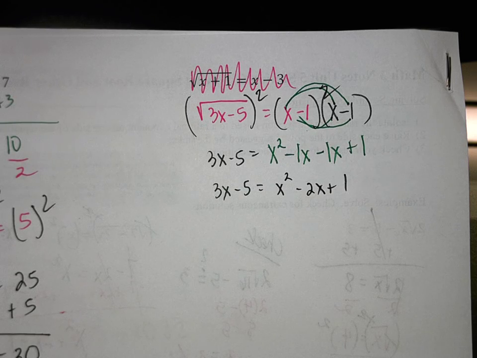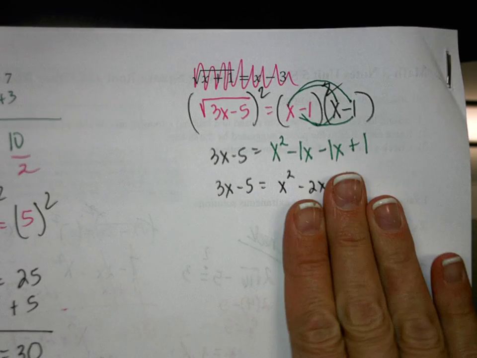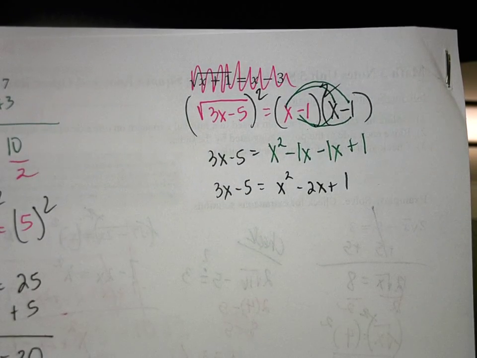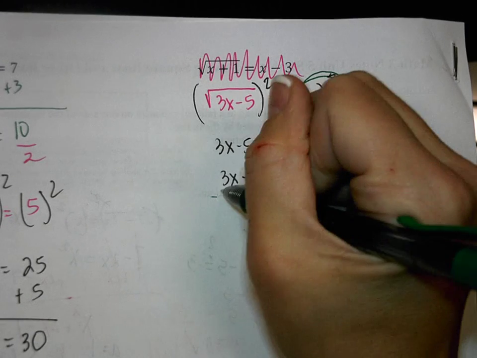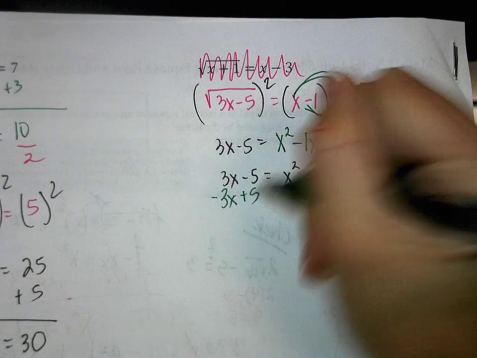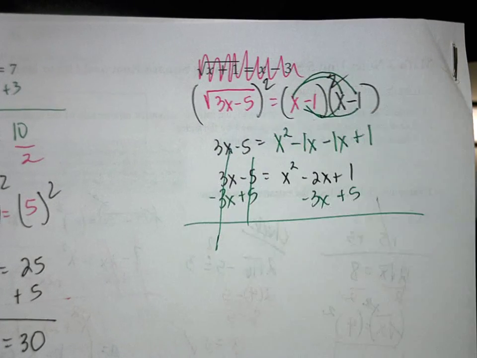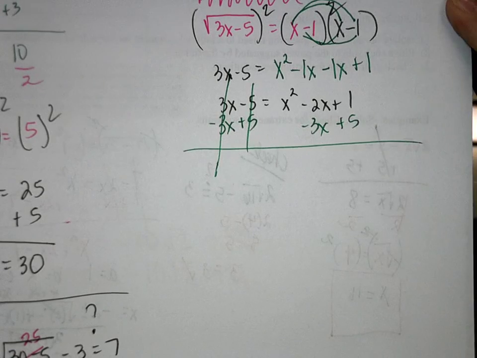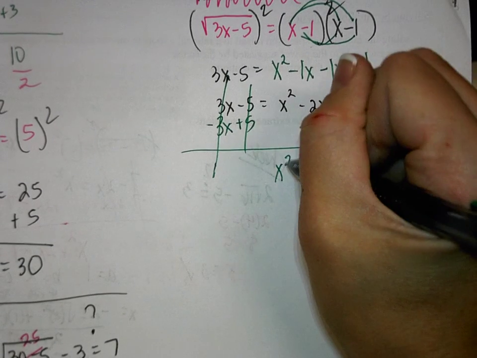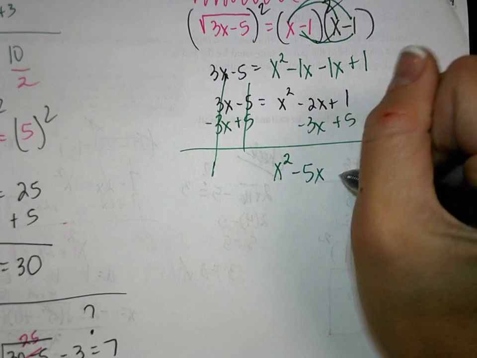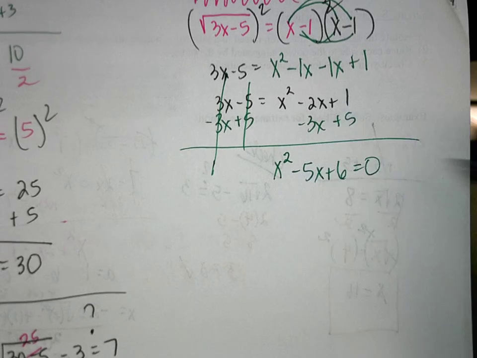And so are we going to move this stuff to the right, or are we going to move this stuff over here to the left? Very good. And so in order to do that, we're going to subtract 3x and add 5. And so we end up with x squared minus 5x plus 6 equals 0.